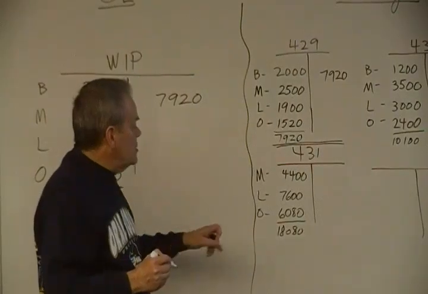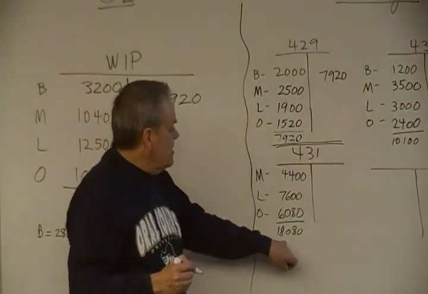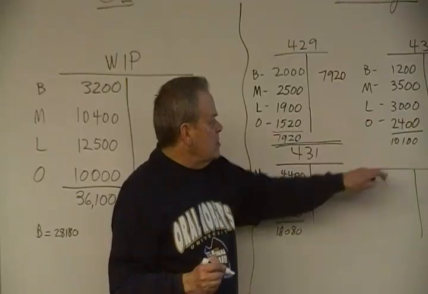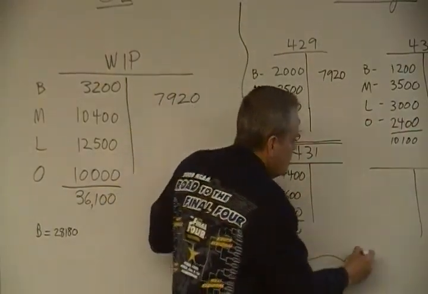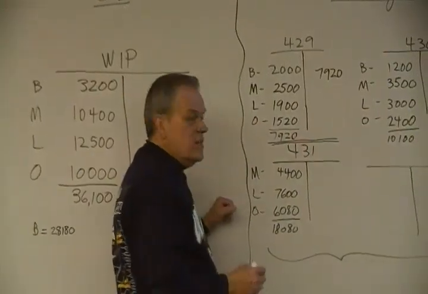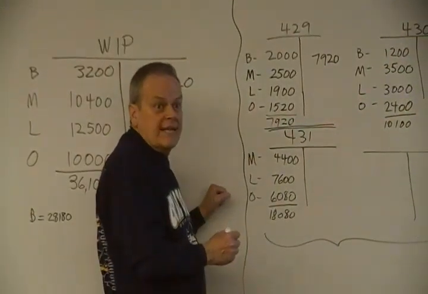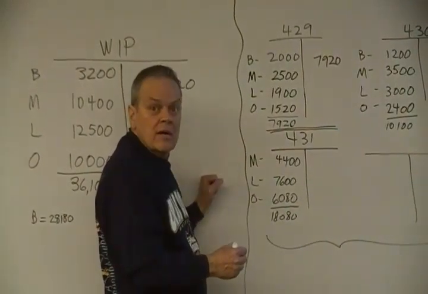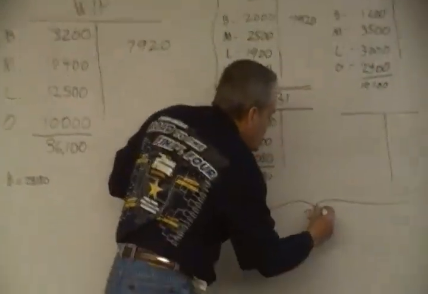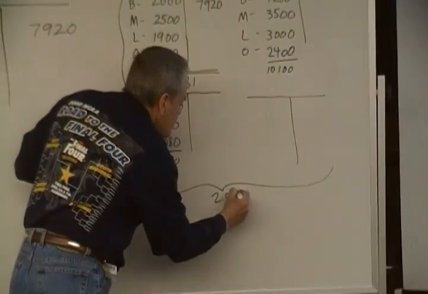Now would you, class, sum these 2? 18,080 plus 10,100. Tell me the sum of the cost in the subsidiary ledger, the ending work in process, the details. This sum is 28,180.